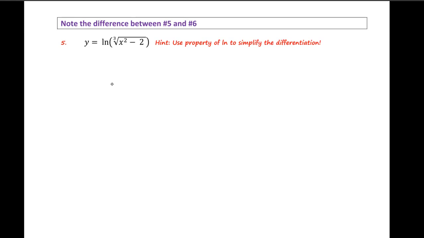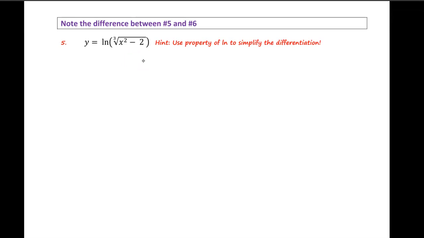You are going to identify u, right? So immediately you will let u equal the cube root of x squared minus 2, and then you differentiate u. However, you can apply some property of logarithm in this case, and then you can simplify the process of differentiation.